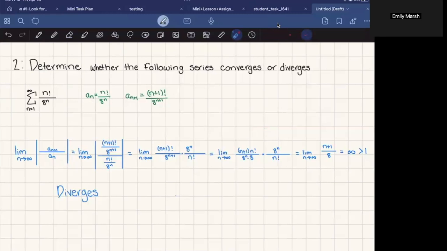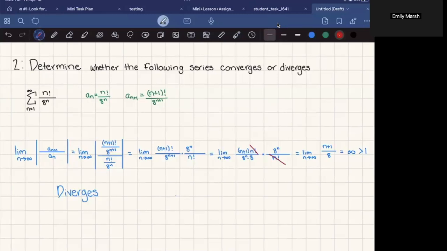We also see that this has been rewritten. We have 8 to the power of n plus 1, and it is being rewritten as 8 to the power of n times 8, just so it's simpler and easier to see. It's the exact same thing. From there, we can cancel out some of our terms. We have an n factorial in our numerator and an n factorial in our denominator.